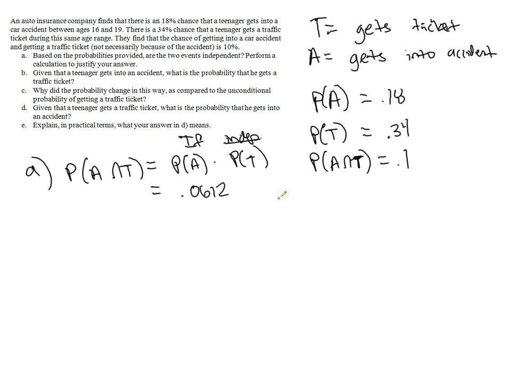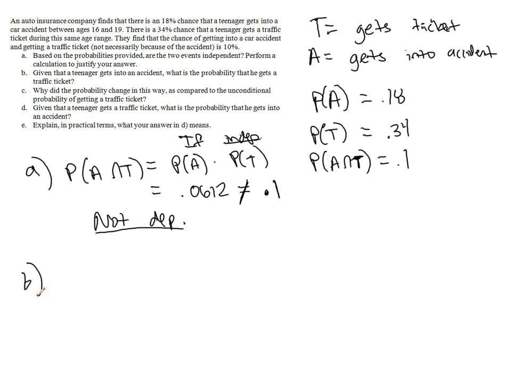Well, 0.0612 is not the same thing as 10%. In fact, this is saying that if they were independent, there would only be a 6.12% chance they'd get both a ticket and into an accident. But we're saying the probability that both of these events occur is actually 10%. So these are not independent because of that reason. Their independent probabilities do not give us the probability of both.